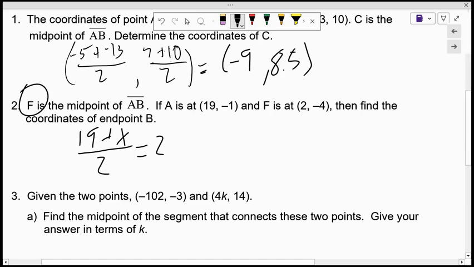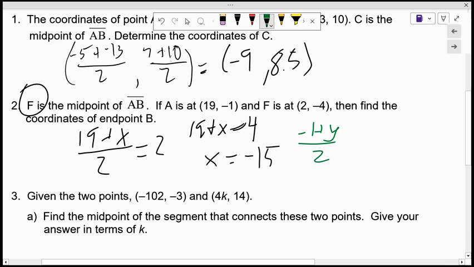So I multiply both sides by 2 equals 4, and then subtract. So I would get x is -15. And then I'm going to do the same thing for the y's. So I'll say -1 plus y over 2 equals -4. And again, same step, multiply by 2.